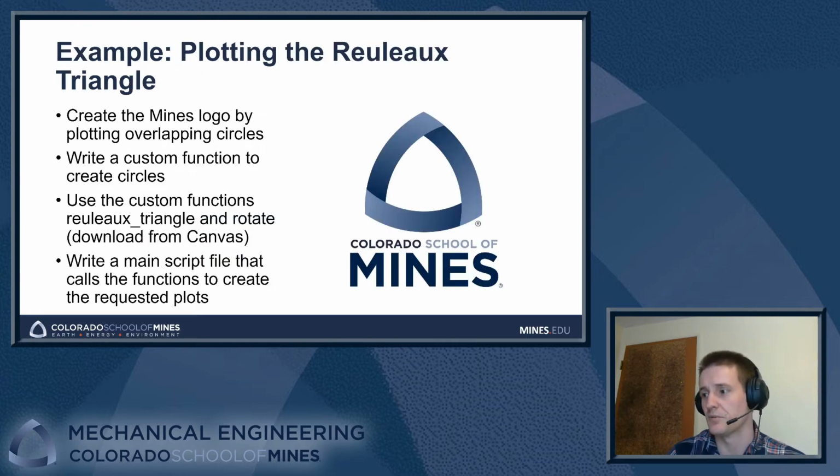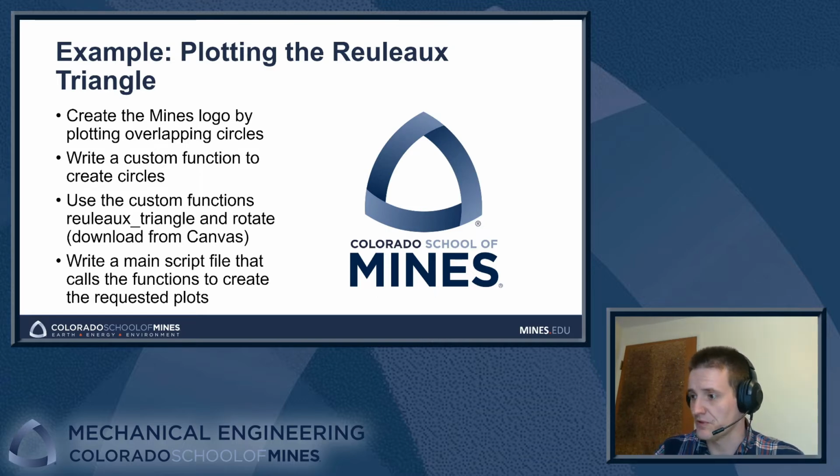All right, so we're going to have an example today where we'll use some functions that have been downloaded from the MATLAB Central, which is just a big repository of user-created functions and scripts. So you can often go there to find a custom function that does something you're interested in that doesn't exist in the base MATLAB installation.